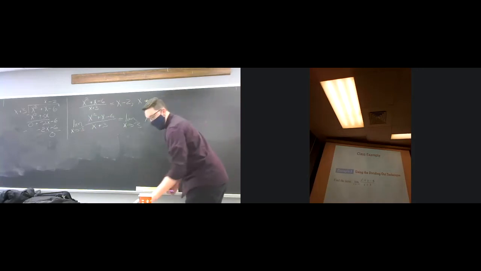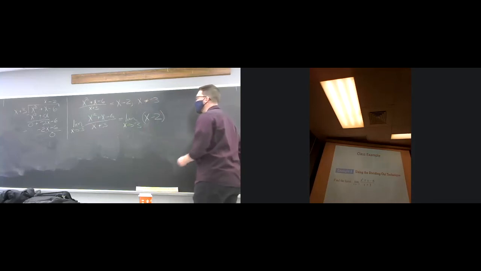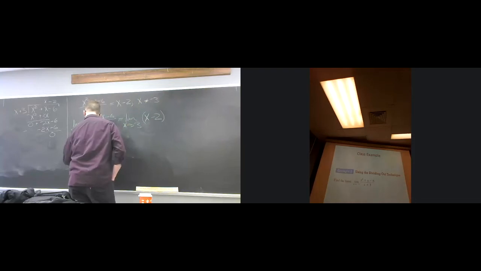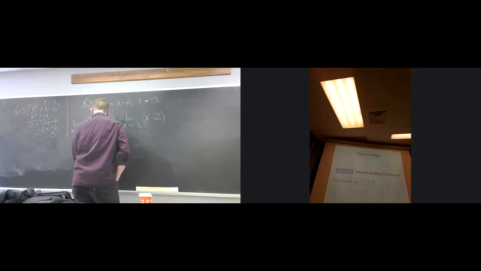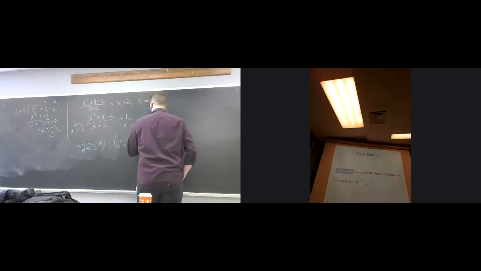Now, from those properties we were talking about yesterday, we know that this breaks up, right? What we're doing is applying the limit to all of this, but because of the properties of a limit, this comes out to be equal to the limit as x approaches negative 3 of x minus the limit as x approaches negative 3 of 2.